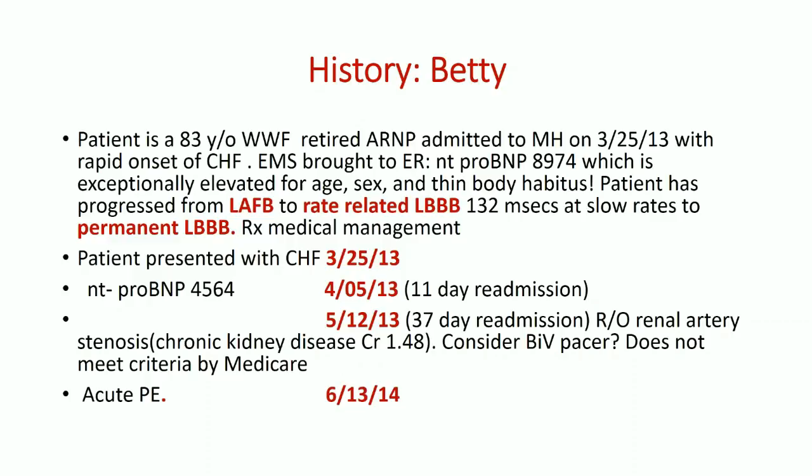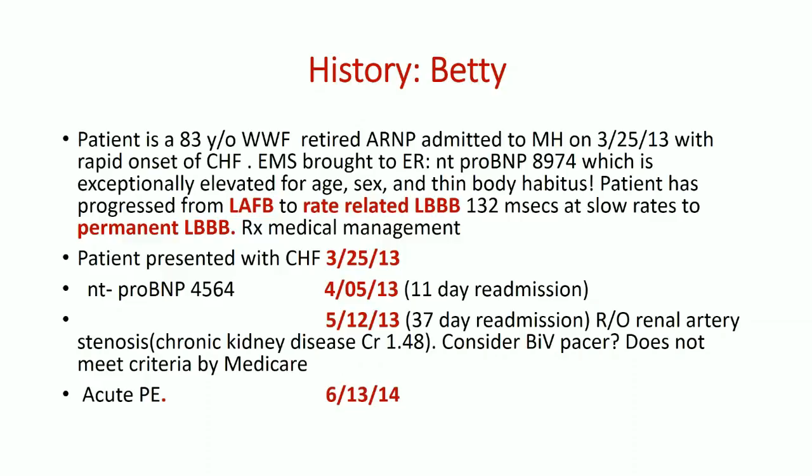And we see we've got milliseconds here because the duration of the conduction of the left bundle is very important when it comes to how the ventricle depolarizes itself and whether there's dyssynergy between the right and left ventricles and how dramatic the dyssynergy is. So we've got a left bundle branch block with 132 milliseconds, not very long, and at slow rates she had left bundle, and then finally she had permanent left bundle, and it was always there.